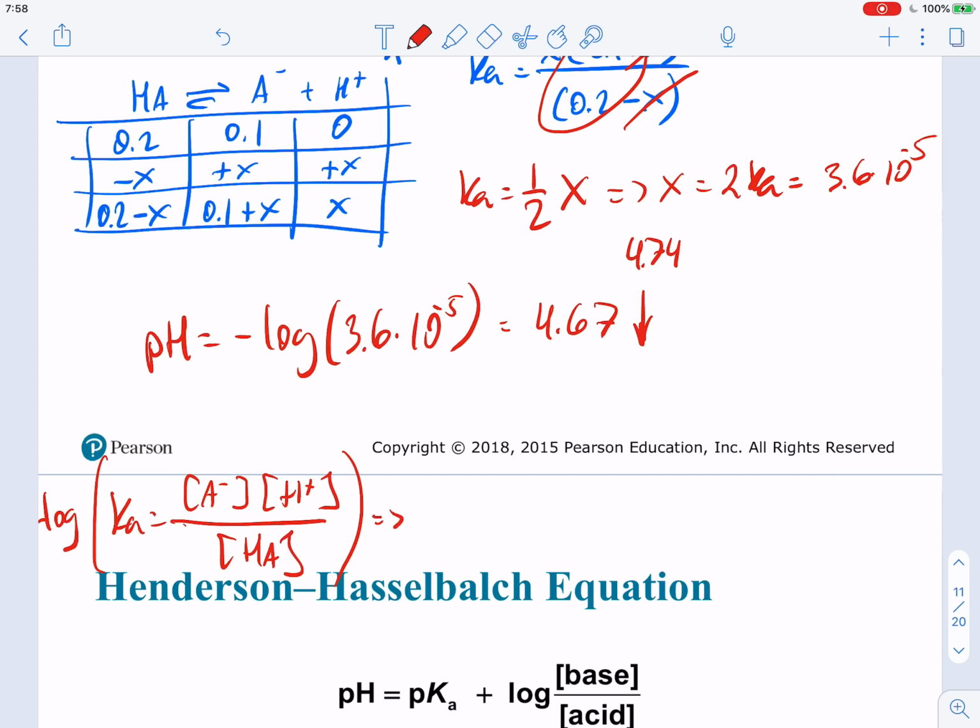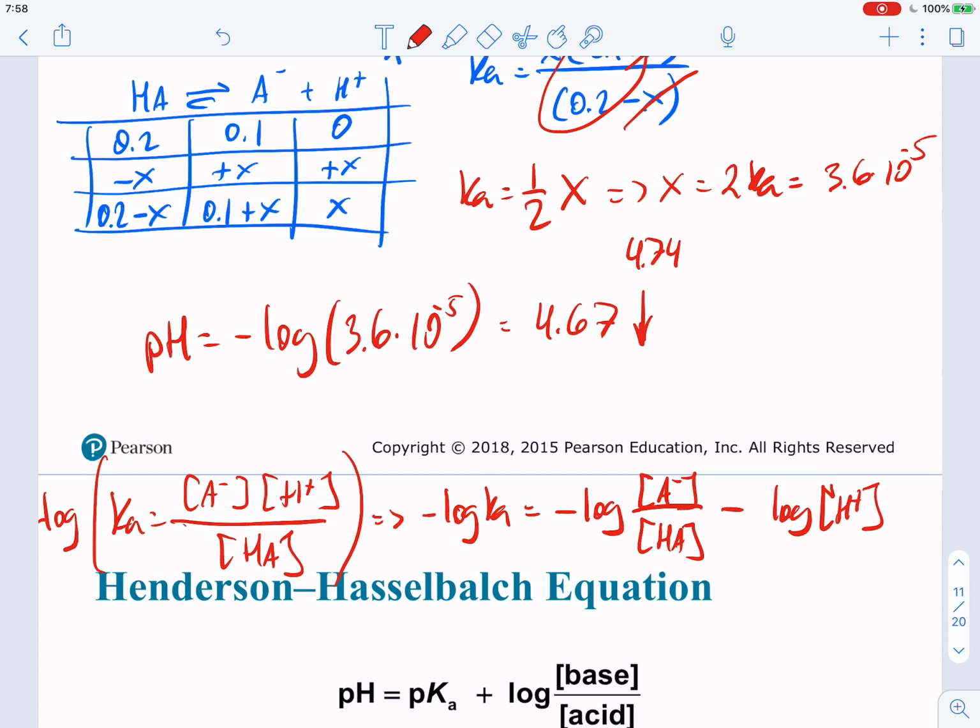So we obtain minus log of Ka. Because of properties of the logarithm, I'm going to break this down into minus log of A minus over HA, minus log of H plus.